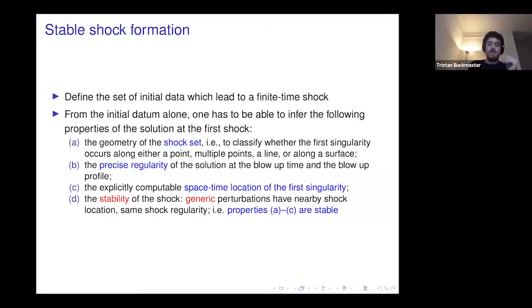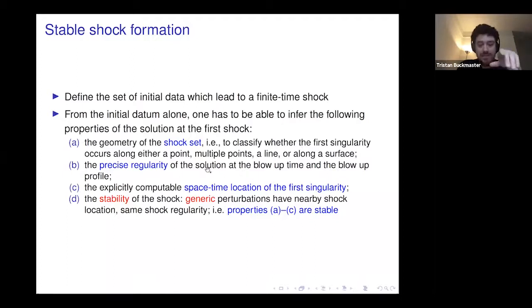Okay, so what do I mean by a stable shock? We want to specify some open set of initial data within a suitable topology. And we want to classify whether the singularity occurs at a single point, multiple points, a line, a surface.